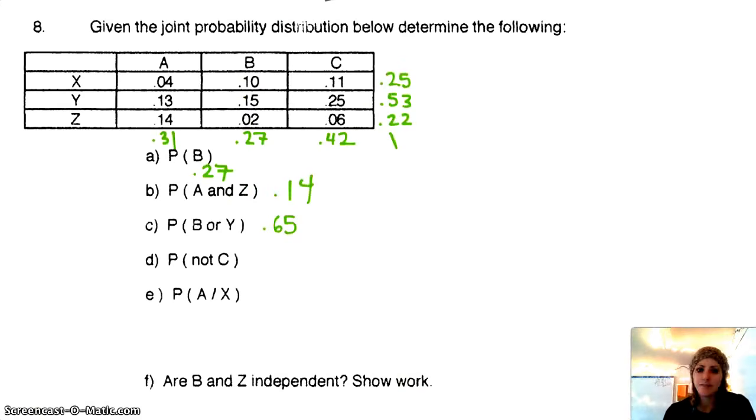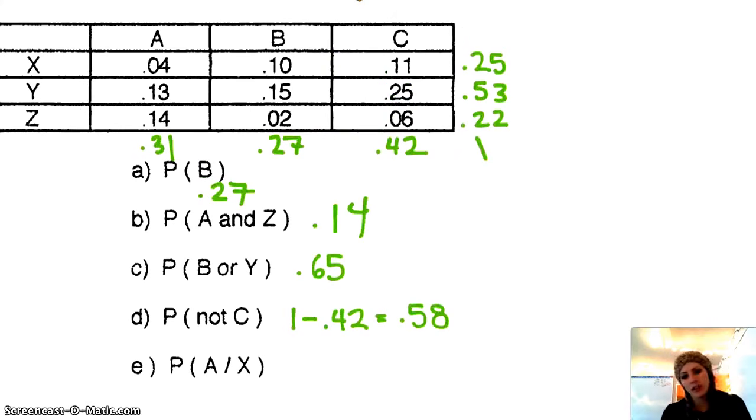Probability of not C is 1 minus the probability of C, so here's C, and we want 1 minus 0.42, so that's 0.58. Probability of A given X: we know X is true, and we want to know the probability of A happening given that X is true. That's going to be your probability of A and X happening divided by the probability of X happening.